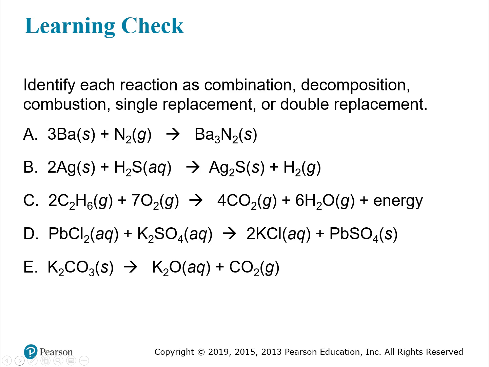For A, we've got two simple reactants coming together to form one complex product. That's a combination reaction. In B, we've got a solid metal being added to an aqueous solution, and then we're replacing the hydrogen in that solution with the metal.